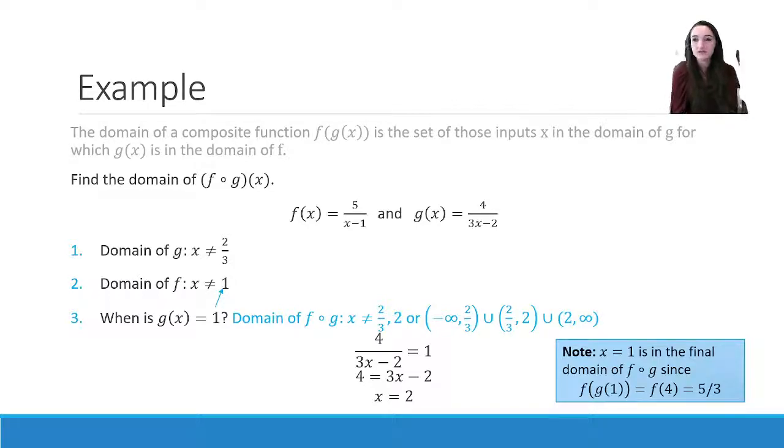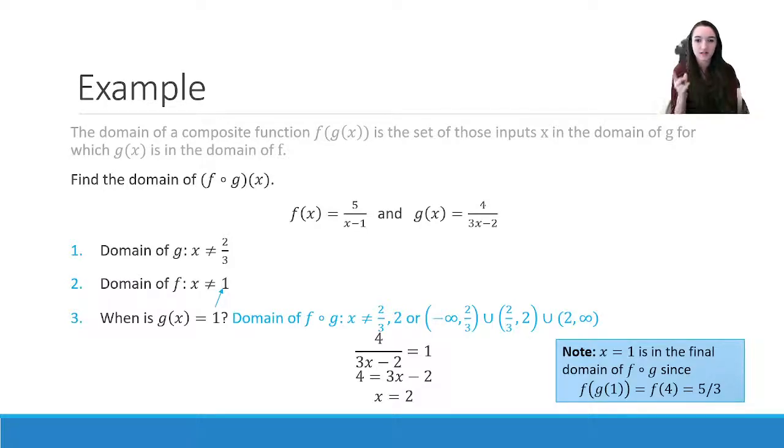If I plugged in x equals 1, we can see f of g of 1, well, g of 1 is 4 over 3 minus 2, which is 4 over 1, which is 4. So f of 4 is 5/3. That's fine. That's why 1 is in the domain, because plugging in 1 into f of g doesn't cause division by 0.